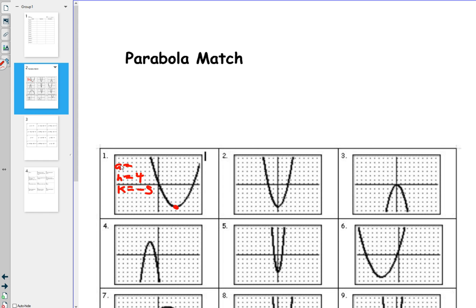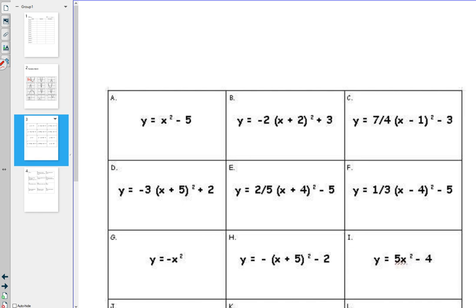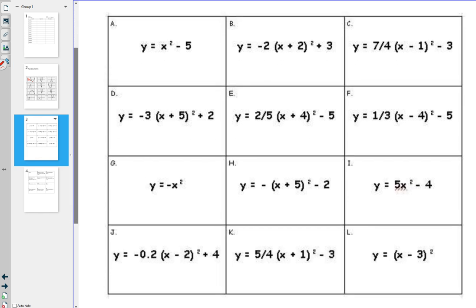At the very least, what do we know about A though, just by looking at it? Yeah, we know that A is positive because the parabola is facing up. Correct? All right. So let's go to these. Do we see any of these that have a vertex at 4, -5 and would be an upward facing parabola?